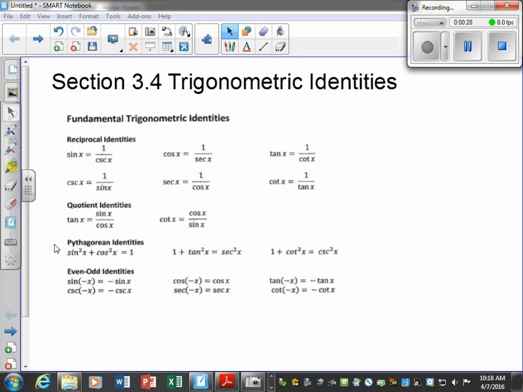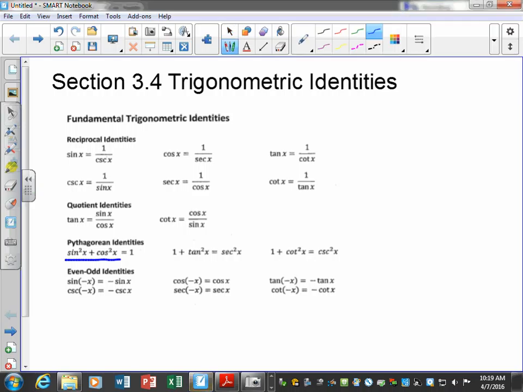Pythagorean identities, we really do a lot with these when we're solving or verifying trig identities. So sine squared plus cosine squared equals 1. Now, we can also solve this for sine squared. Let me just make a note of that.